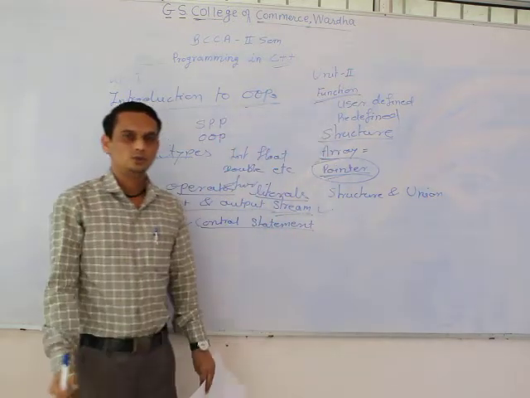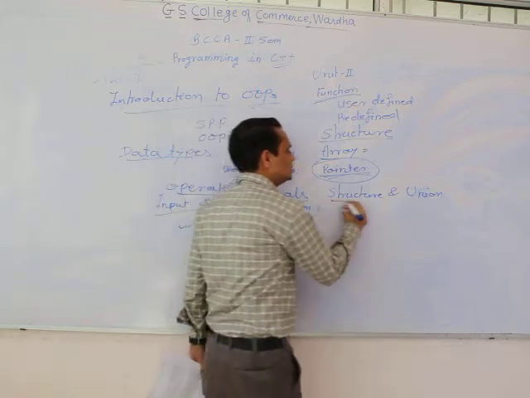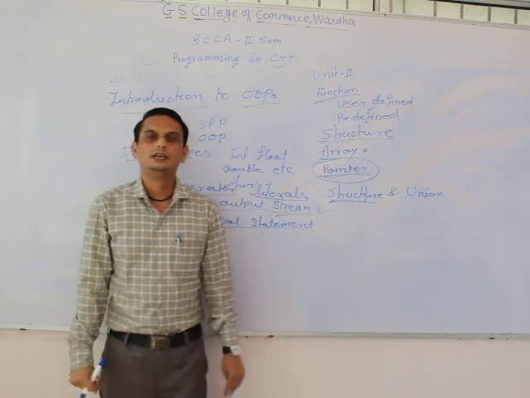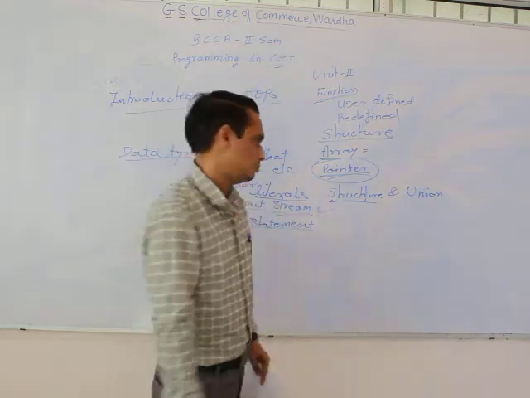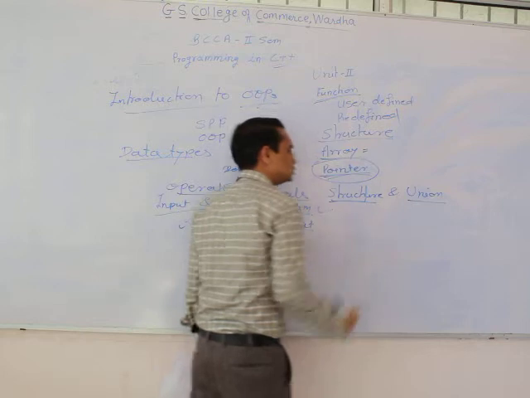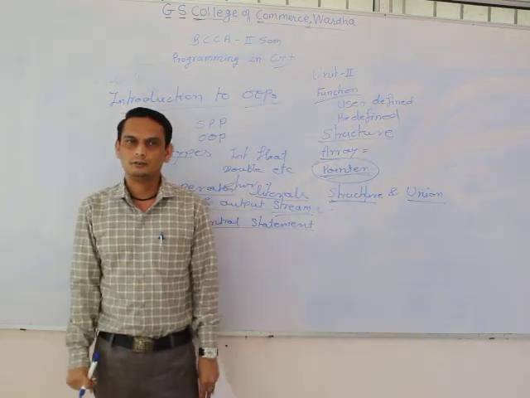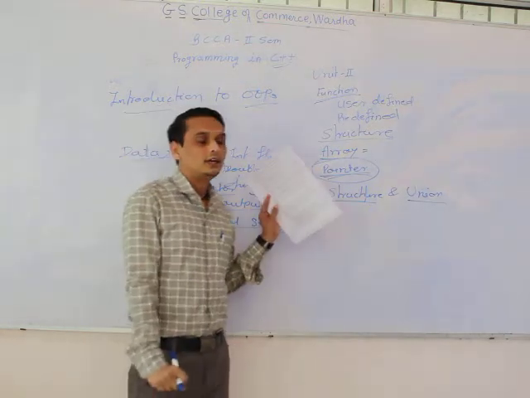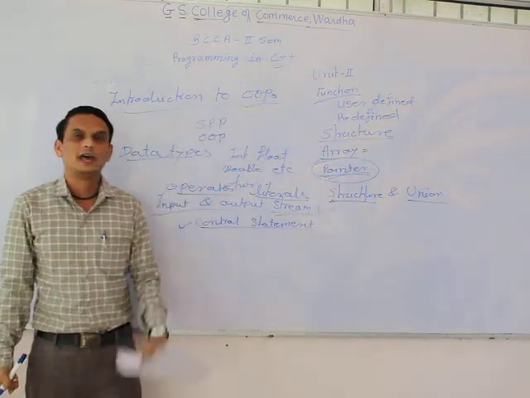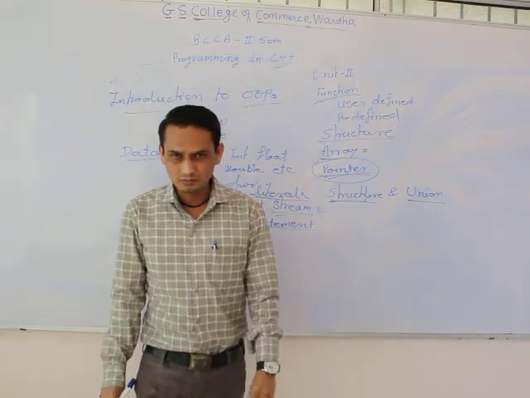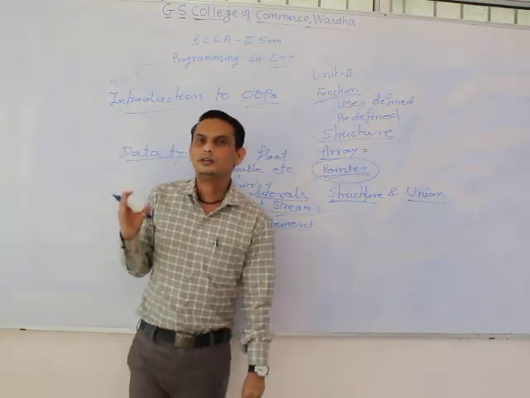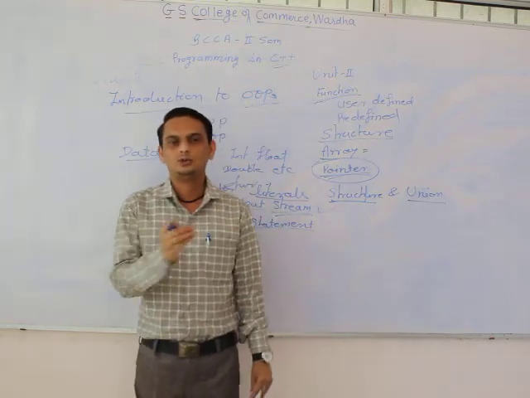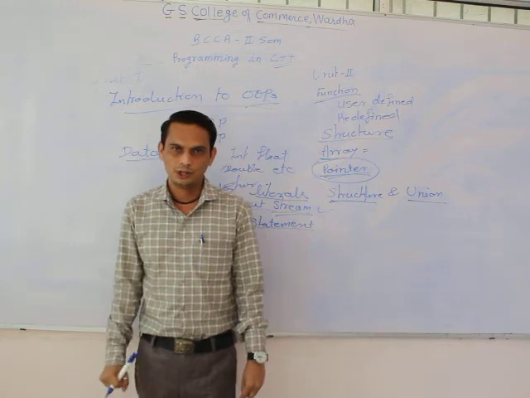Structure and union. We know that struct is a keyword by which we can create a user-defined data type. A union also creates a user-defined data type, because a single variable has some limitations. Integer, float or double have some restrictions, because we cannot store a character into an integer or a double value, or a float value into an integer or character variable.